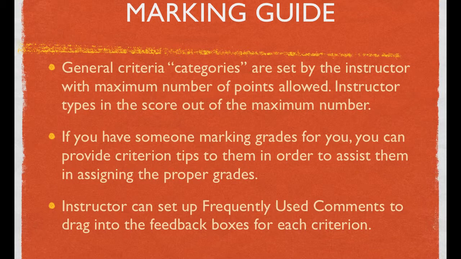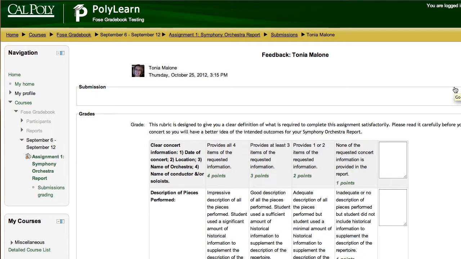And I think this is one of the really wonderful factors of the marking guide. But first, let us look at the rubric from a teacher's point of view when they're in the gradebook.